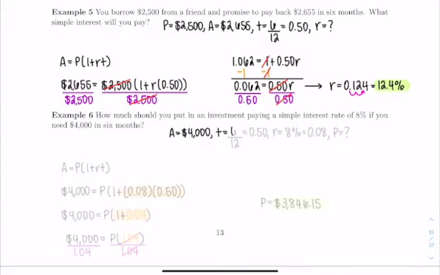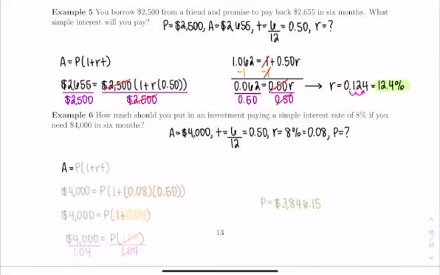So my time is again our 6 over 12, which is 0.50. Our rate is 8%, or 0.08. And so what I'm looking for is the P. What do I need to put now so that I'll have my 4,000 in 6 months?